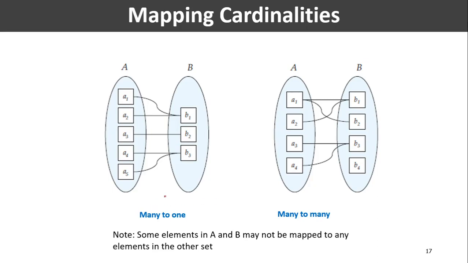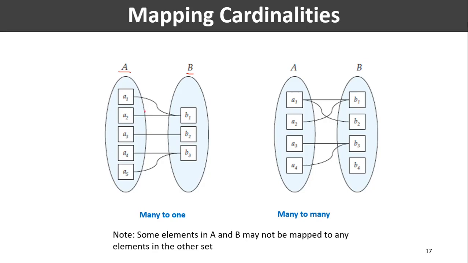So, in contrast to one-to-many, in many-to-one cardinality, an entity in entity set A is associated with at most one entity in B. However, an entity in B can be associated with any number of entities in entity set A. Right? So it is exactly opposite to whatever we discussed for one-to-many.